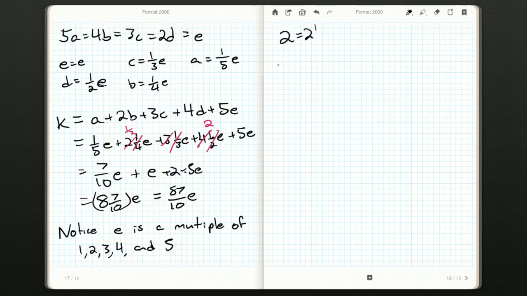So 2 is 2 to the power of 1. 3 is 3 to the power of 1. 4 is 2 to the power 2, and of course 5 is 5 to the power 1. So we prime factored these numbers.